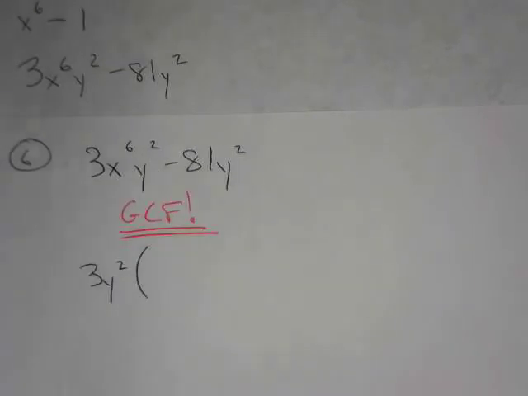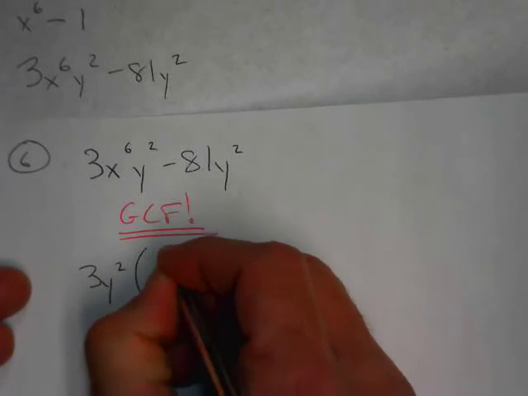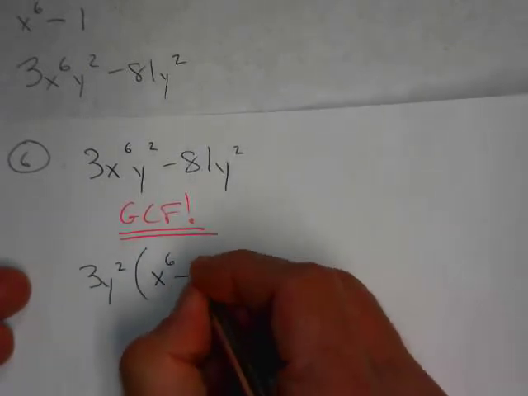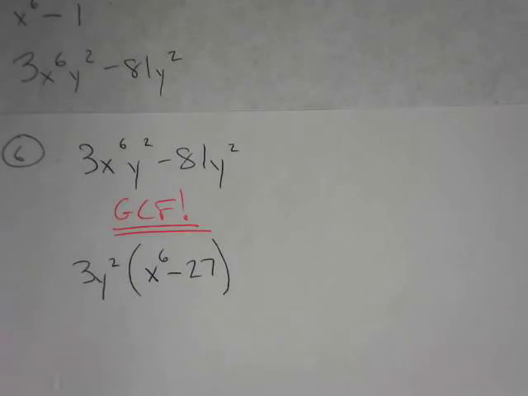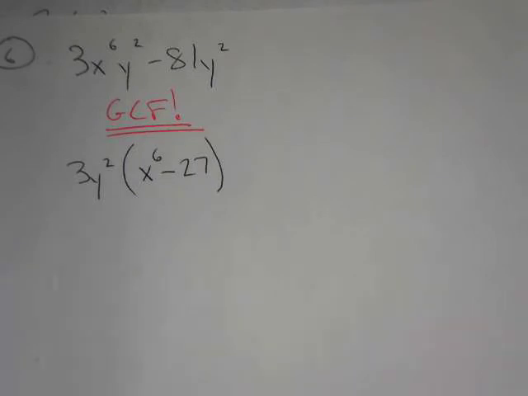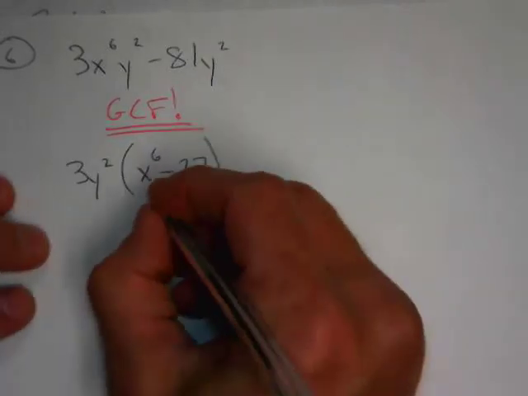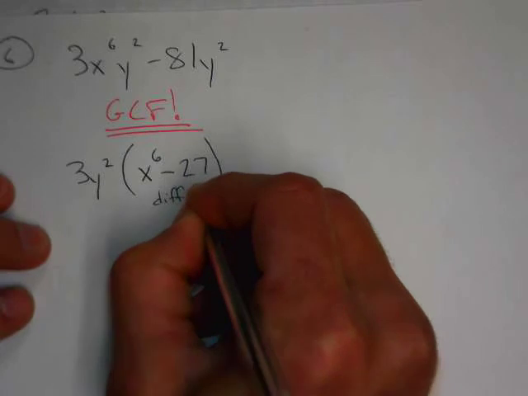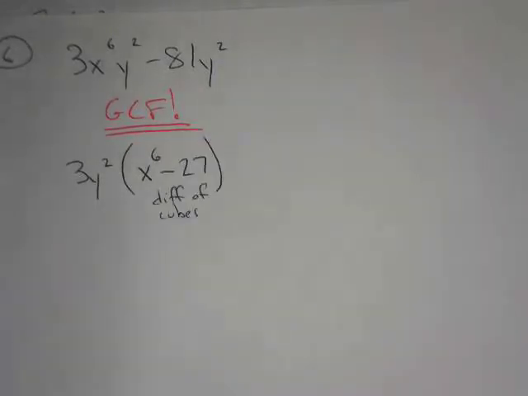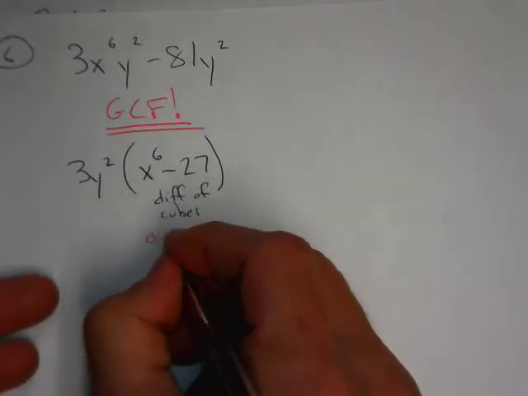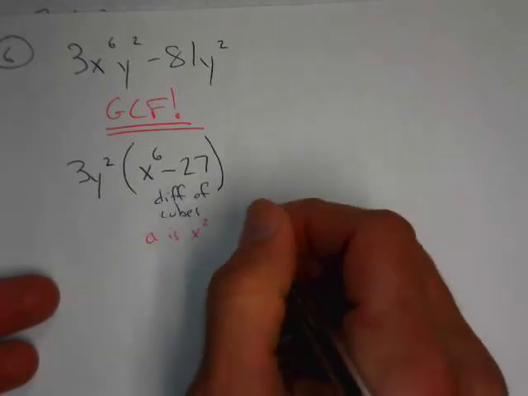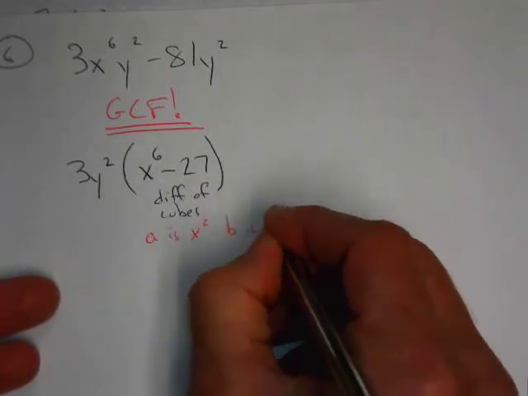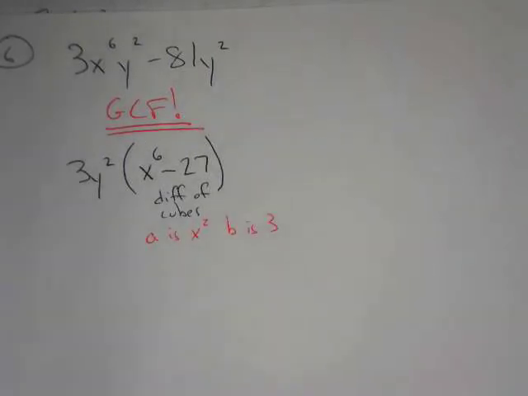squared. And when we factor out a 3y squared, we're going to be left with x to the 6th minus 27. And x to the 6th minus 27, no doubt, is a difference of cubes. If we let a be x squared, and we let b be 3, we can recognize a difference of cubes.